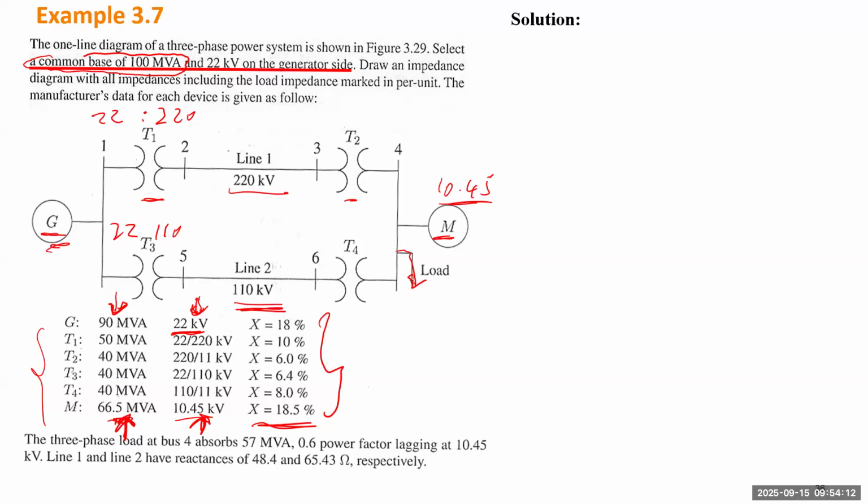And the question also specifically asks you to use 22 kV on the generator side as the base value of the generator. So this is 22 kV, the same as the rated voltage, which is good. So for the generator, or also the transformer connected to the generator, we don't have to change the voltage base. We only need to change the power base.